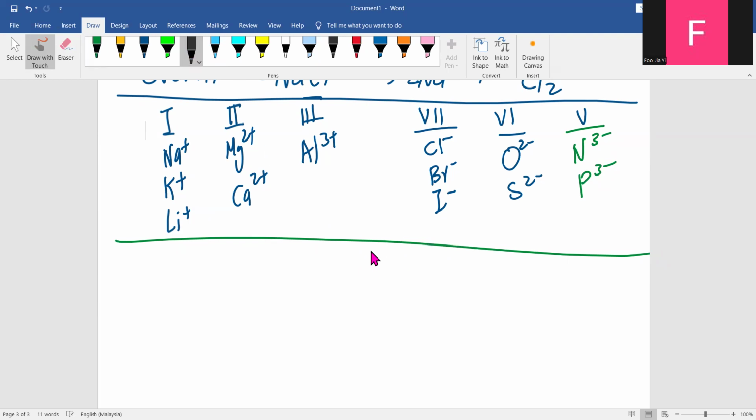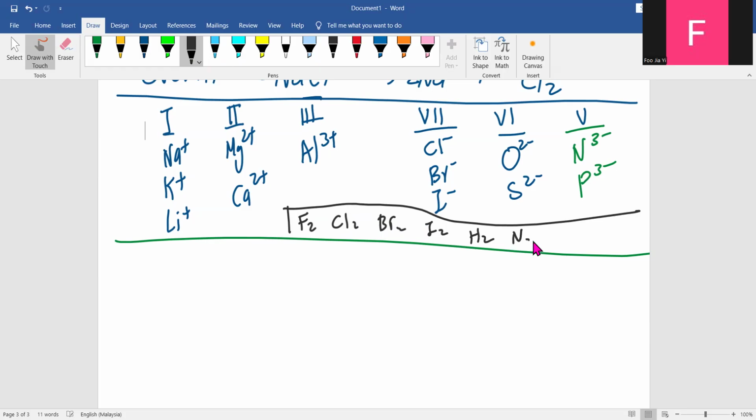Now, certain things always exist as molecules. Fluorine, chlorine, bromine, iodine, hydrogen, nitrogen, oxygen. Okay? Please make sure you have this list. This list is very important.